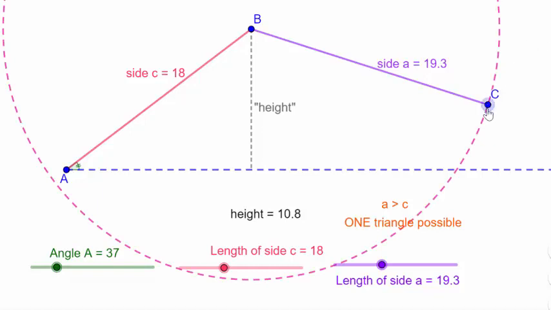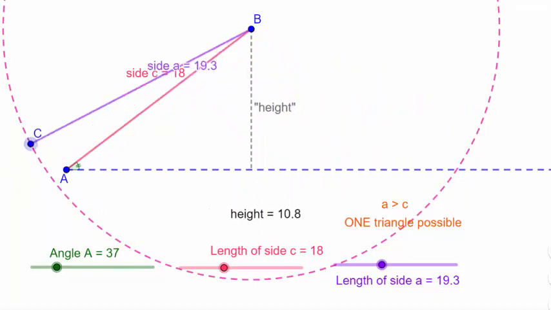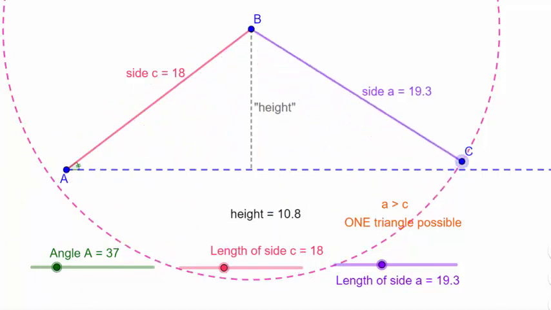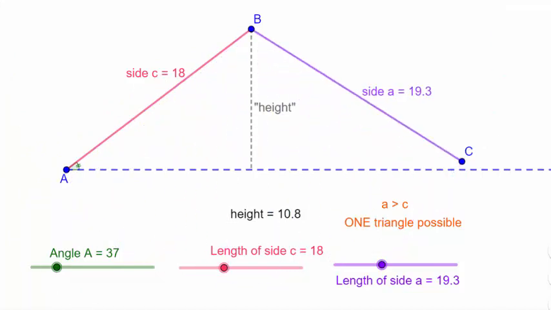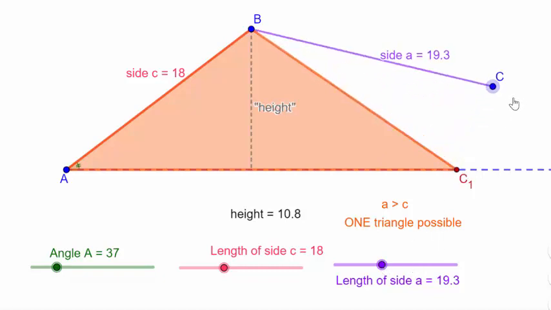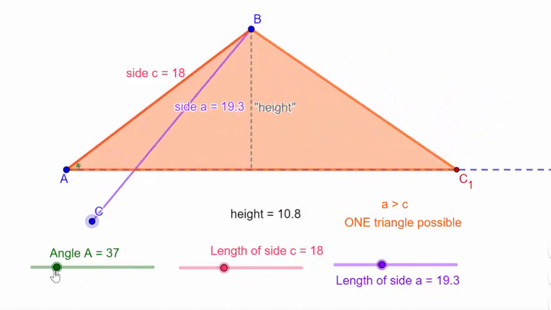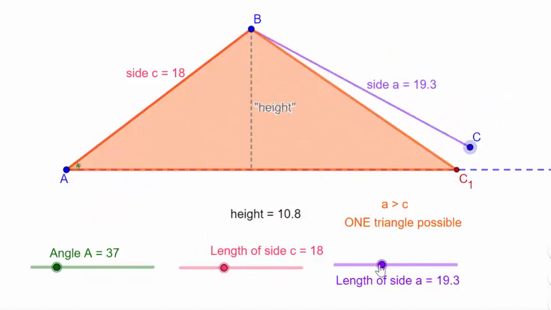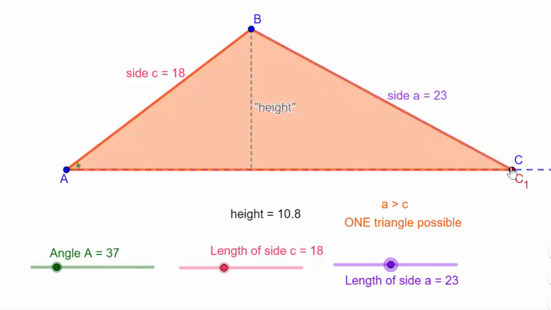So as C swings through its arc of the circle, there was one location where point C hits that blue dotted ray, forming the one triangle right there. However, if we continue swinging through, it misses it as it swings over on the other side. So hence, if side a, the side opposite our known angle, was larger than side c, then there's only going to be one triangle possible.